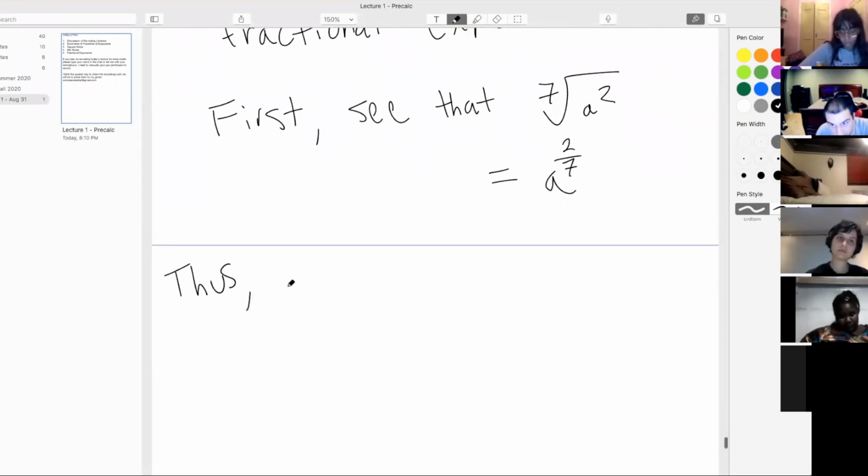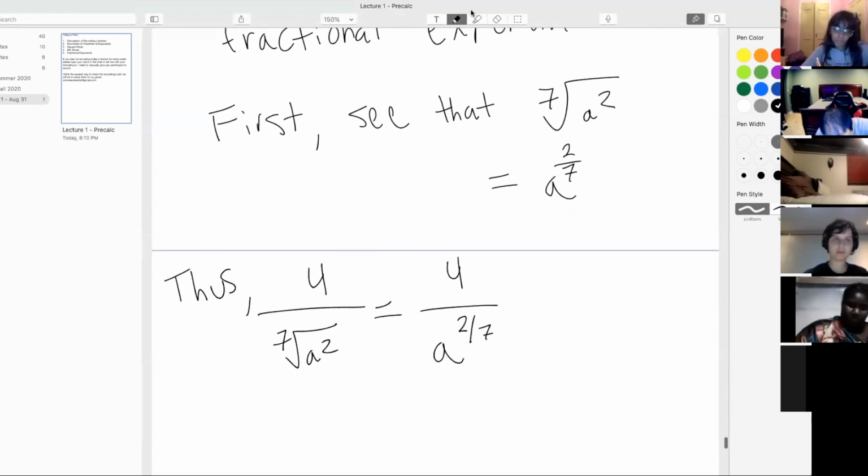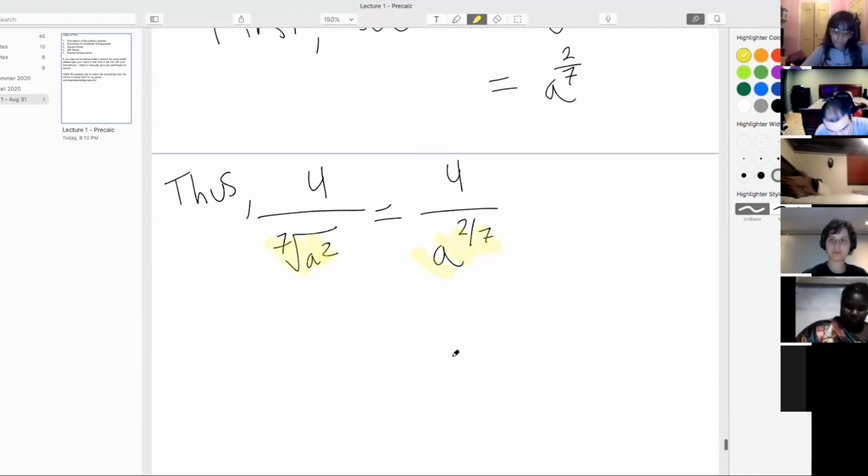Thus, our original expression, 4 over the 7th root of a squared, is 4 over a to the 2 over 7. I just replaced the radical with its fractional exponent form. You can stop here if you want.